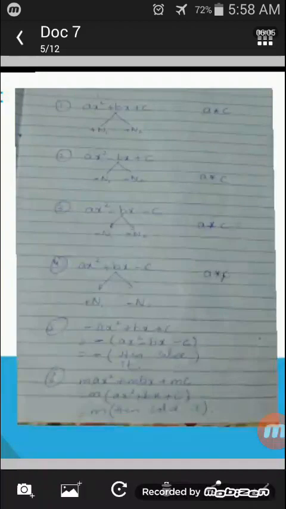Third case is ax square minus bx minus c. Then you choose minus n1 and plus n2, but the sign of bx is minus, so you choose minus sign with the greater number and plus sign with the smallest number.